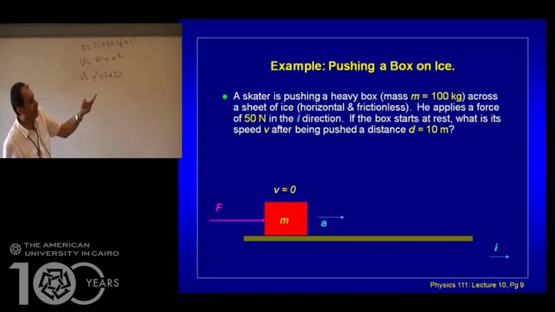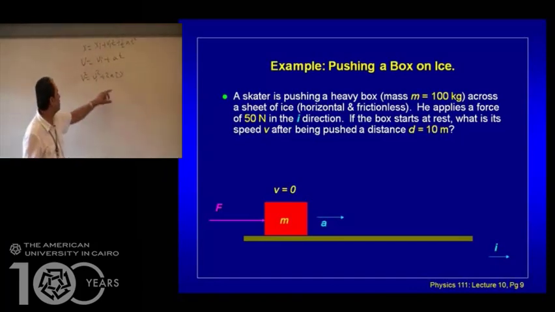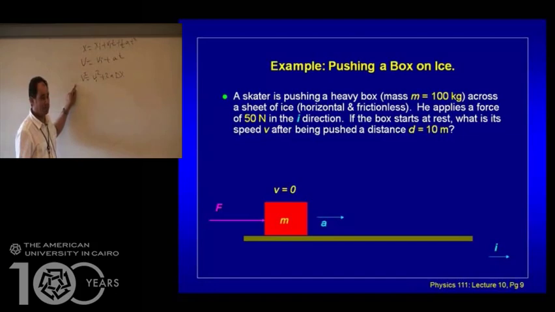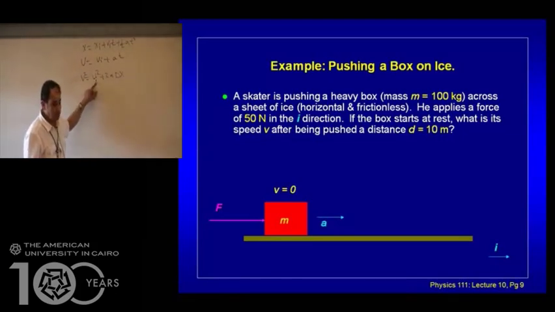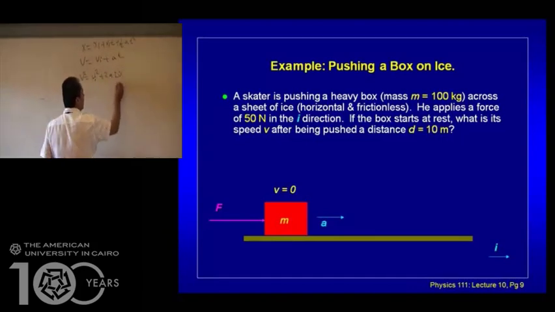All I know is the distance. If I use the third one, then I will need v initial, a, and delta x. And if we look at the givens, we have only delta x and v initial.